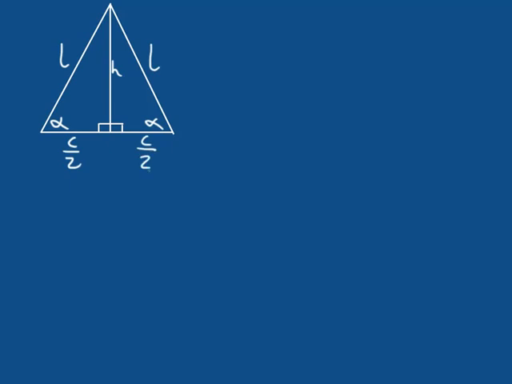Now we can see that it's also divided our isosceles triangle into two separate right-angled triangles. The area of a right-angled triangle is very easy to calculate. It's simply half times the length of the base times the height, which means the area of each of these triangles is a half times c over 2 times h. But of course, the area of our entire isosceles triangle is equal to the area of this triangle plus the area of our other triangle.